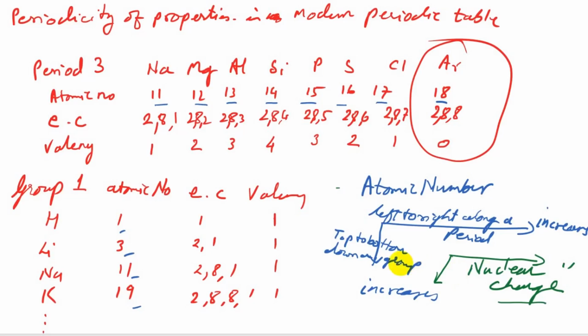Clear? Now, from this, I'll give you another property. If I had asked you about the number of shells, what is happening to the number of shells left to right and top to bottom?